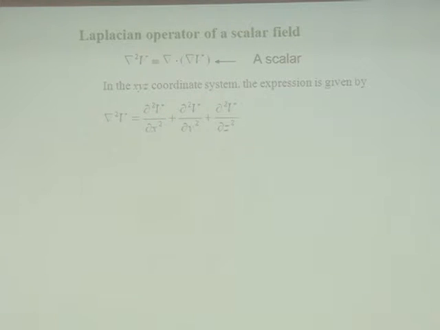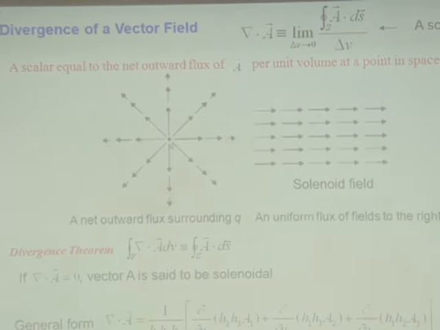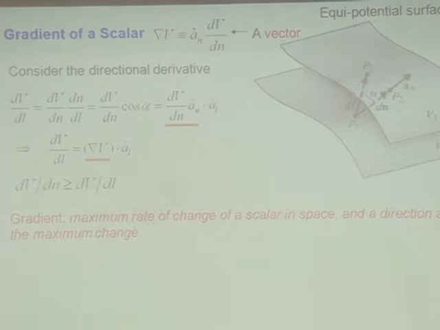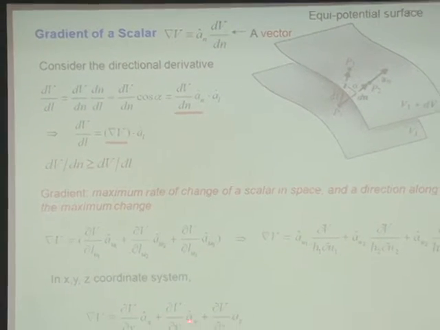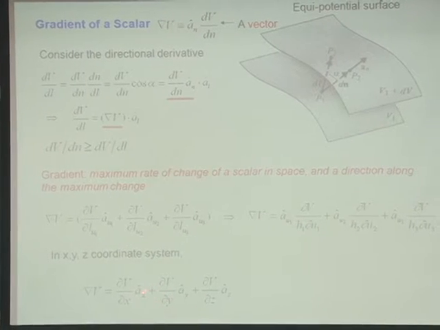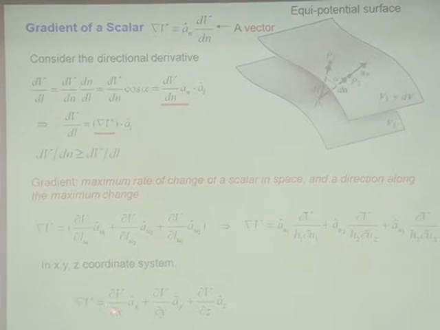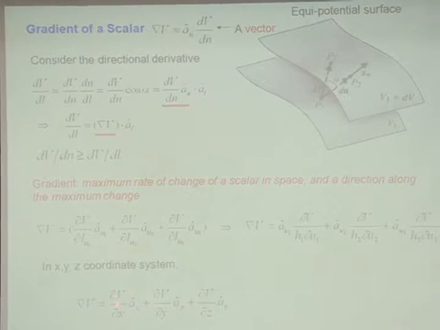Well, how do you get this? Basically, you go back to the gradient, and you have a vector like this. And then for the divergence, you want to take the partial derivative of this with respect to x again. Right?